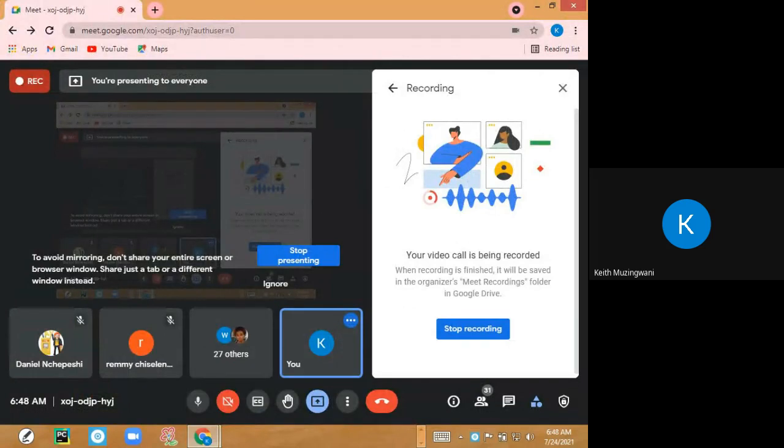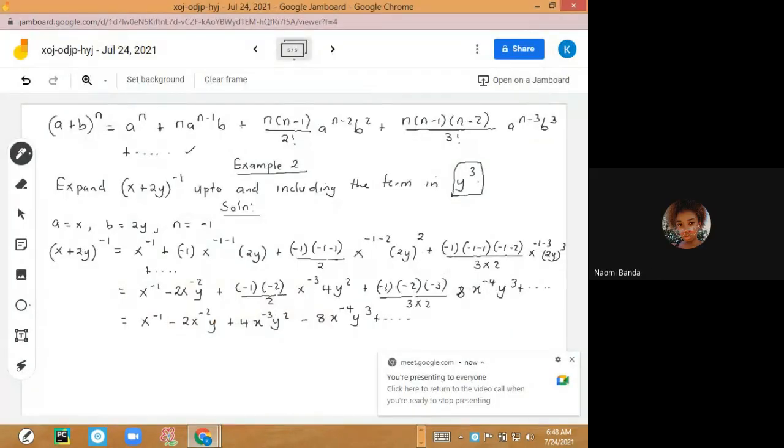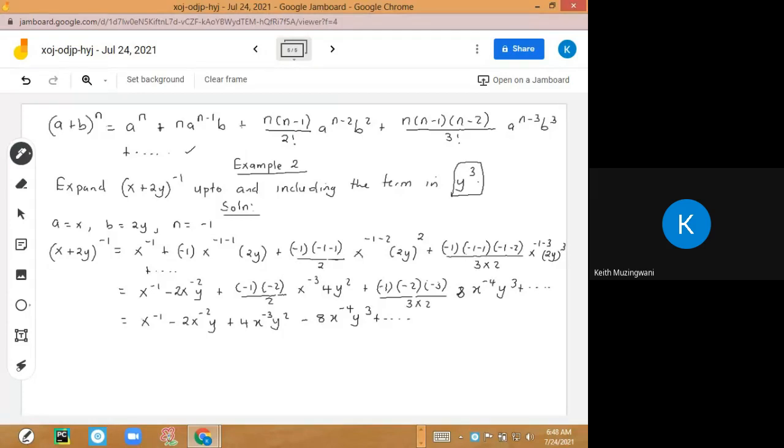Naomi. Yes, sir, I didn't get it in the first equation. Which equation? Which first equation of the question, or the one on top? No, this very one was just from solving. In the first equation, how you found x to the power 1 plus negative 1. Just there. Of x to the power negative 1. Yes. Going down. So we are having this general expansion there.